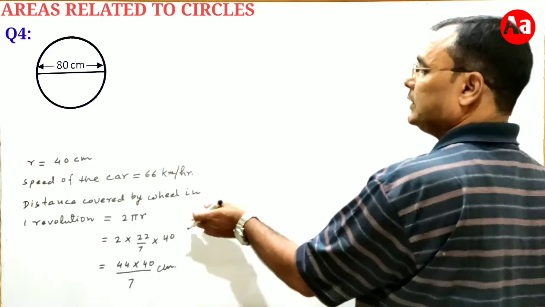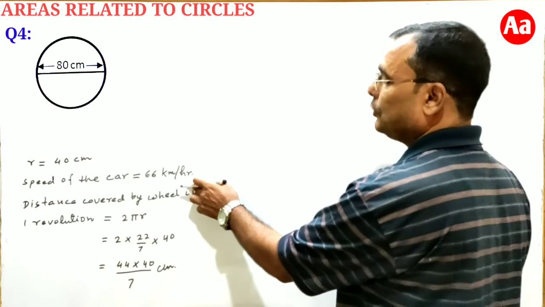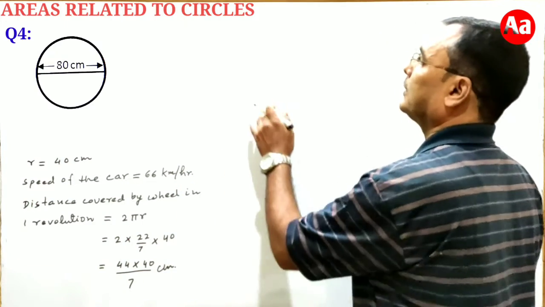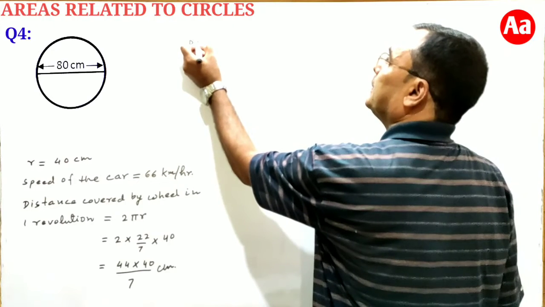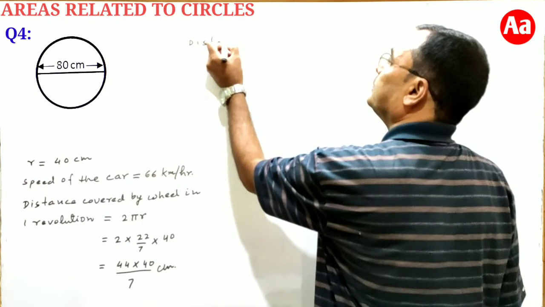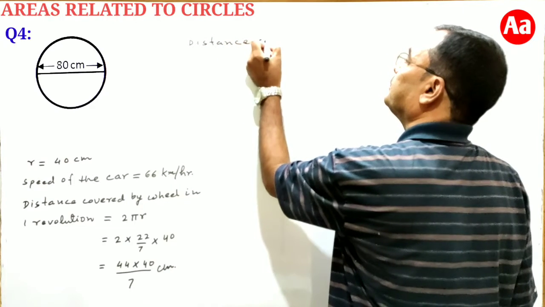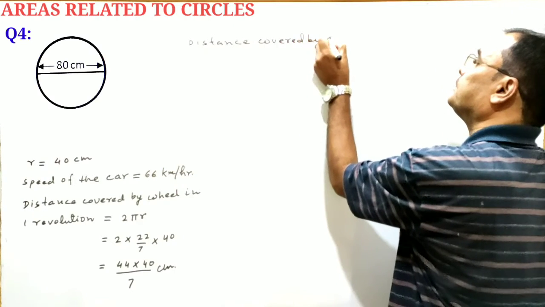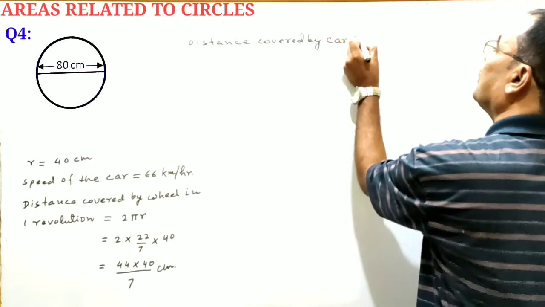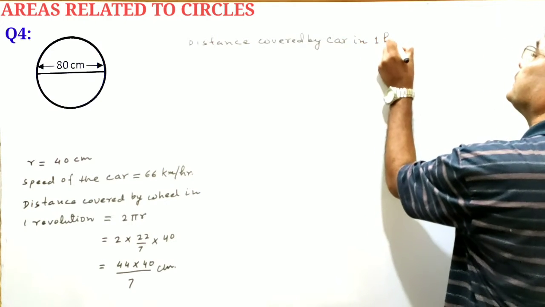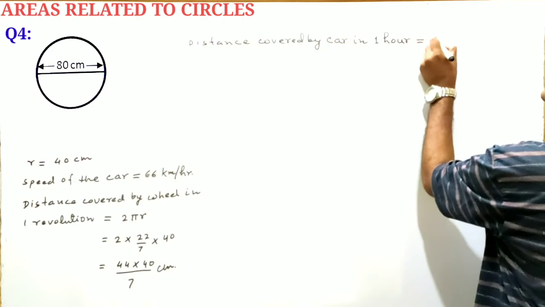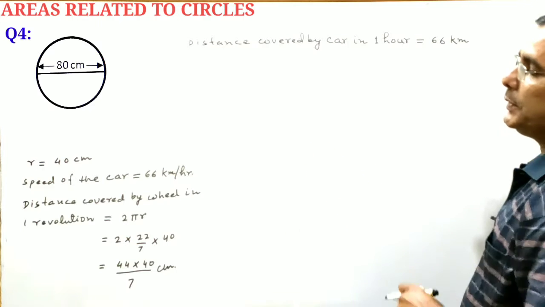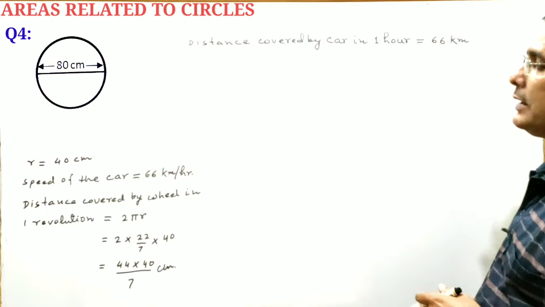So as speed is given 66 kilometer per hour, distance covered by car in 1 hour is equal to 66 kilometer, because speed is given 66 kilometer per hour.